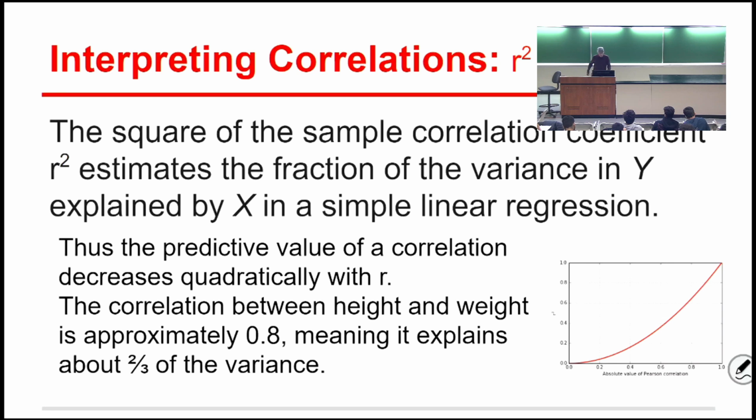If R squared is our measure of the strength of a relationship, it means that the predictive value of a correlation decreases by a square. Weak correlations have very little predictive power. High correlations have less predictive power than you might think.